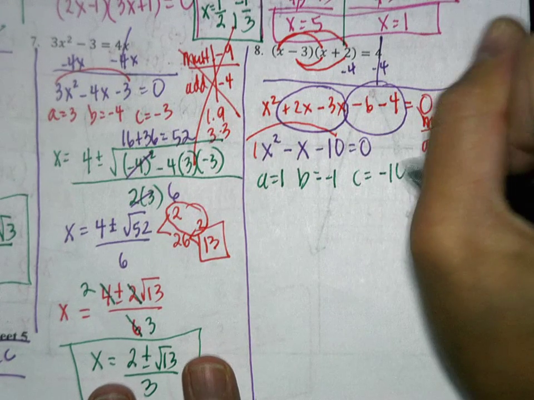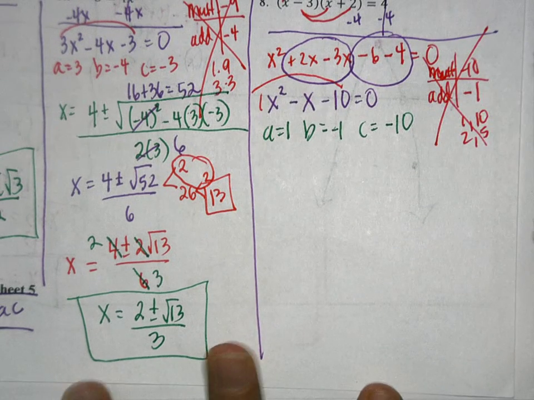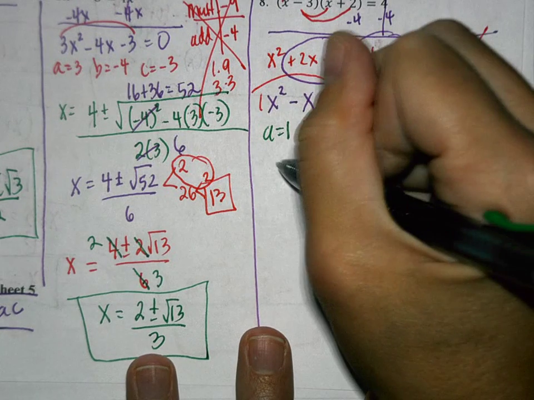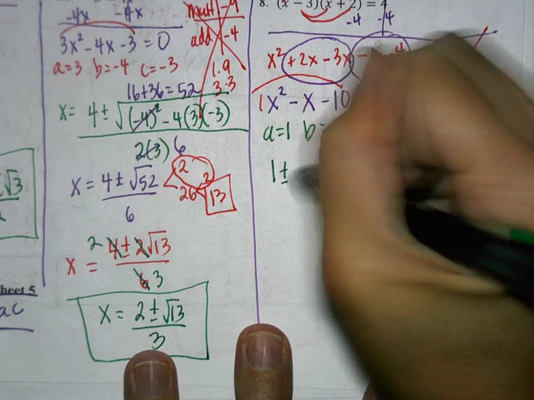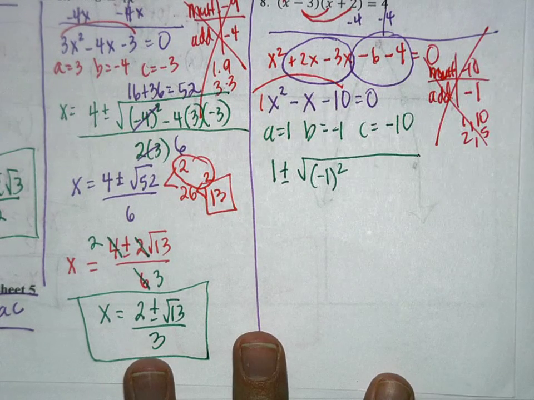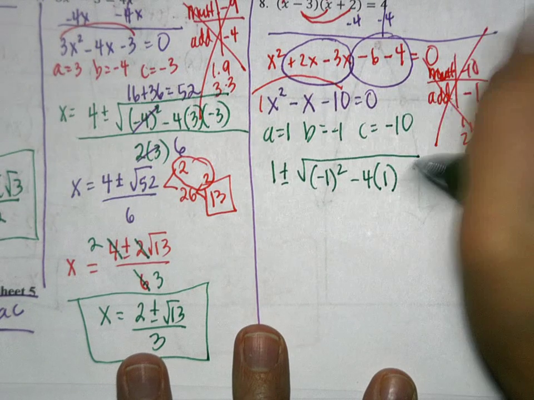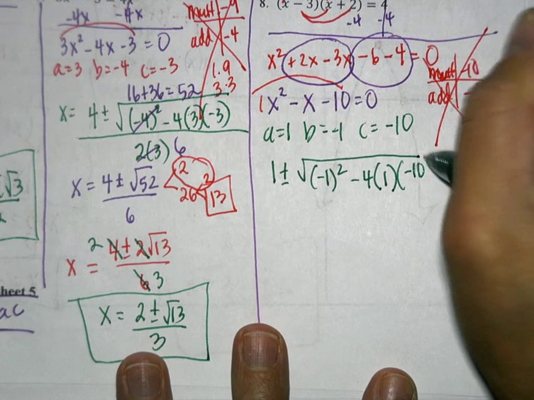So when we're using the quadratic formula, what is my negative B value? 1, plus or minus the square root of negative 1 squared, because that's B squared, minus 4 times A, which is 1, times C, which is negative 10, all divided by 2 times 1.